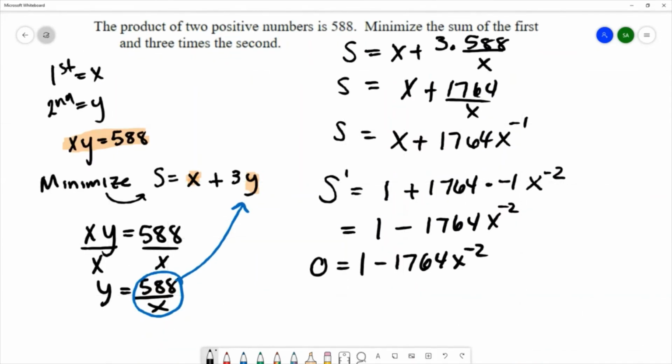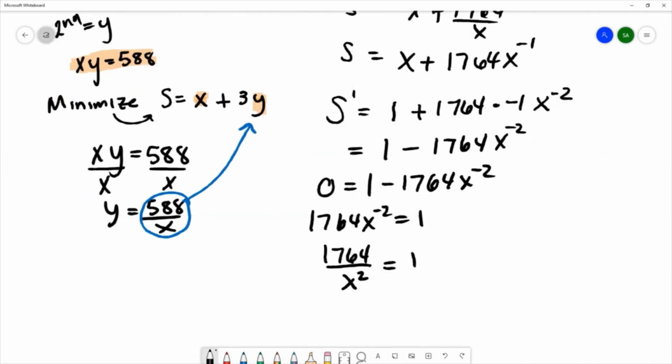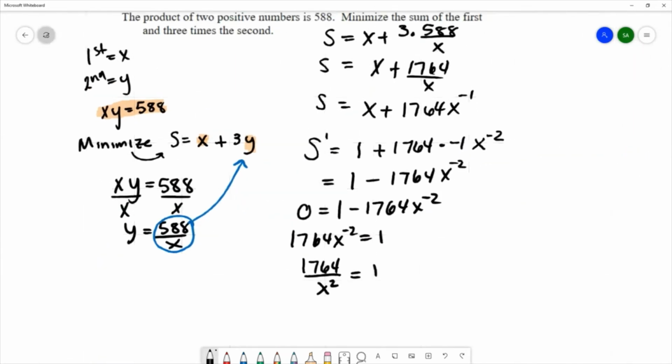I can move the variable to the other side. That's 1,764 x to the negative 2 equals 1. And I can write this as 1,764 over x squared because of that negative in the exponent. I can solve this by multiplying both sides by x squared, and that gives me 1,764 equals x squared.